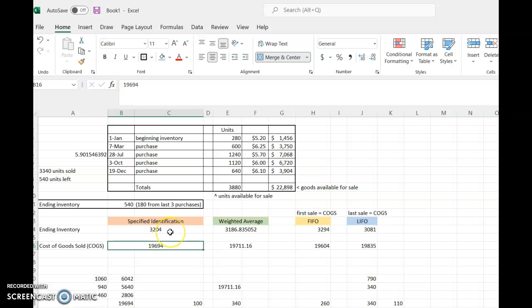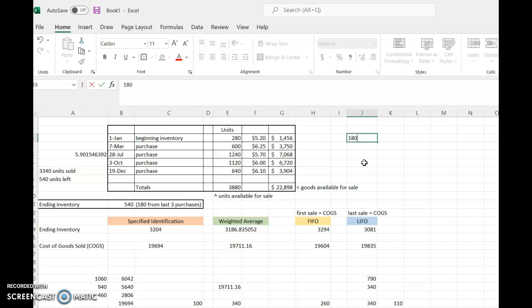To do the ending inventory, we're going to do the same thing, except we're going to do the inventory amounts times the cost or price for each of them. So we'll do equals 180 times the 5.7, and then 180 times 6.